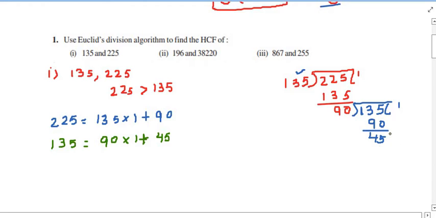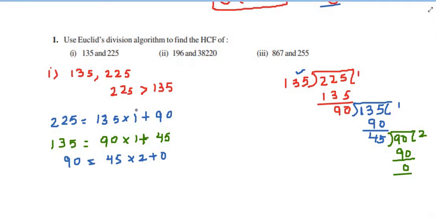We'll continue our division. 45 is the divisor, now 90 is the dividend. 45 times 2 is 90 and 0 is the remainder. So we can say that 90 is equal to 45 times 2 plus 0.